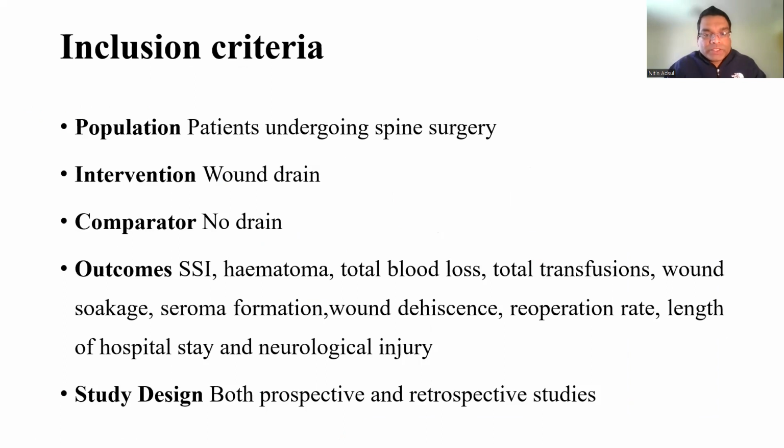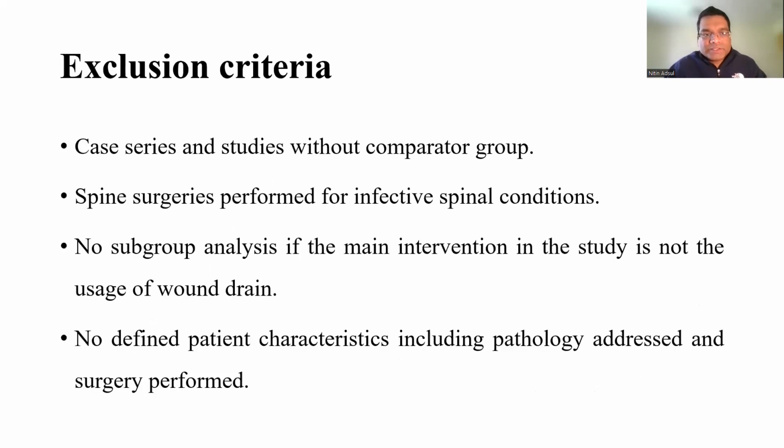They included patients undergoing spine surgery. Intervention was a wound drain. Comparator was no drain. The outcomes were surgical site infection, hematoma formation, total blood loss, total transfusions, wound soakage, seroma formation, wound dehiscence, reoperation rate, length of hospital stay, and neurological injury. Study design included both prospective and retrospective studies.